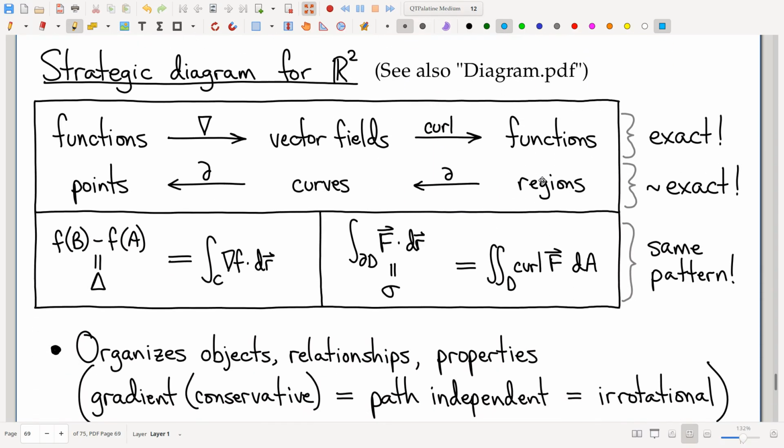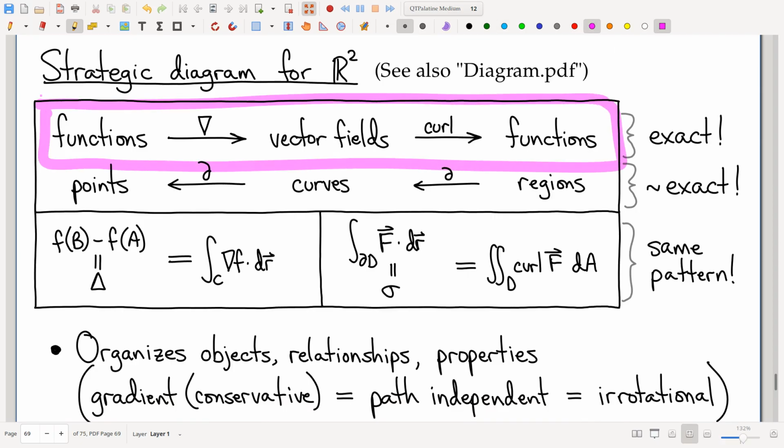Okay, so let's see. We've got 2 minutes left. Let me just say a couple of really quick things. We talked previously about this business. I made this statement back in chapter 3. We had already talked about gradient, of course, and then in chapter 3 we introduced 2-dimensional curl.